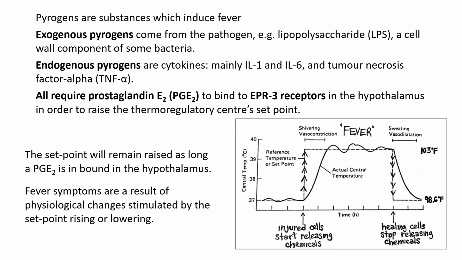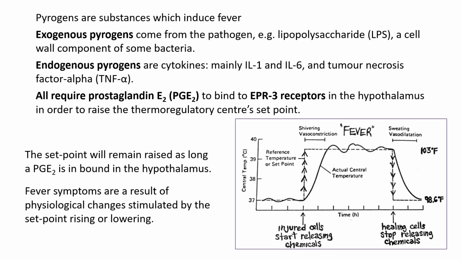So you can see here we've got a situation where, first of all, our set point goes up because of our pyrogens. What we then need to do is raise actual body temperature to meet the new set point. And this is where things like shivering and vasoconstriction come in. We'll talk about that in a minute.